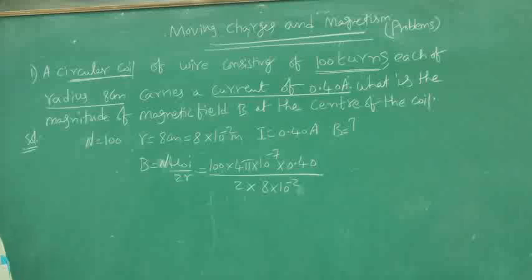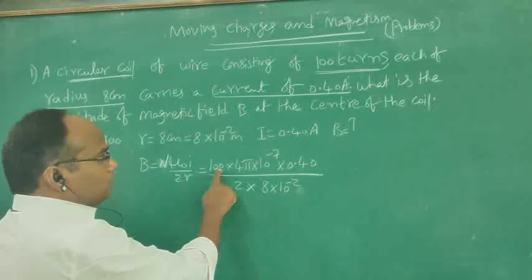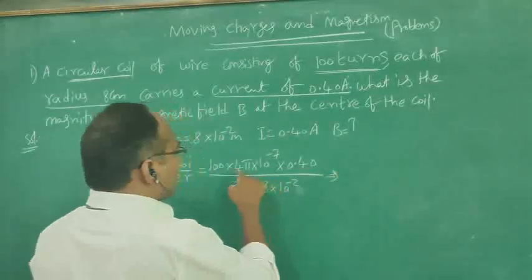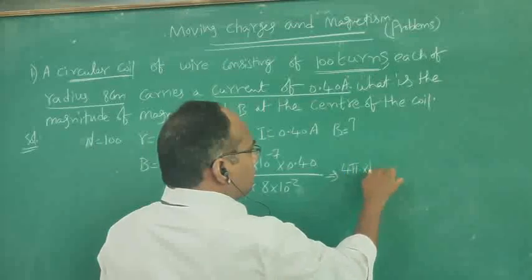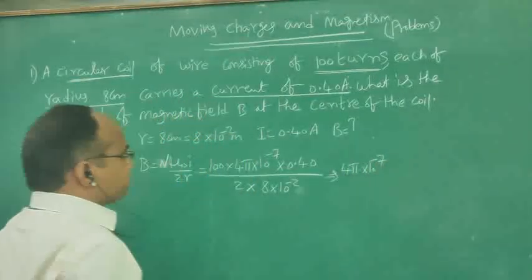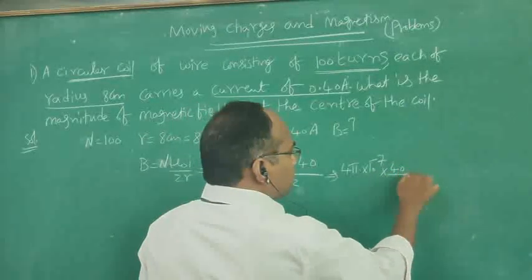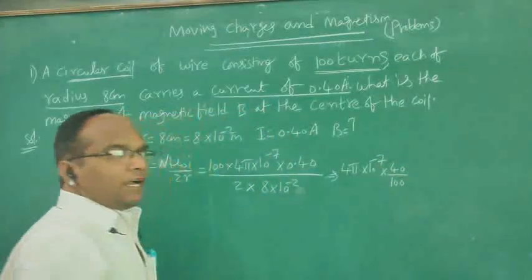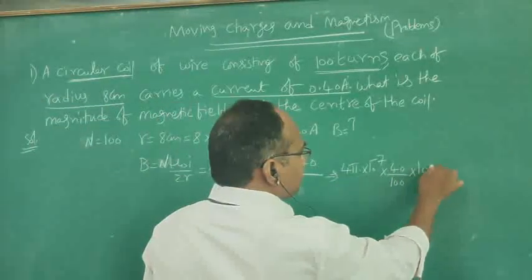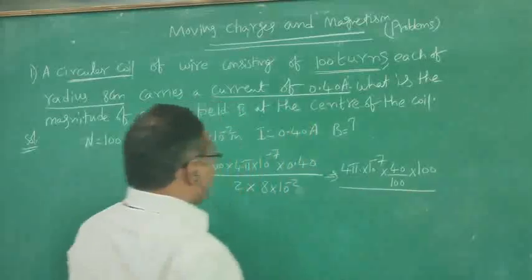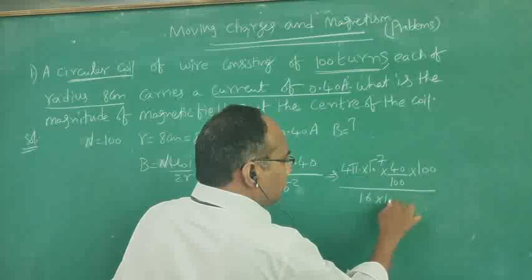Now, what value should you write here? 4 pi into 10 to the power of minus 7, into 0.40, which is 40 by 100, into this 100, divided by 2 into 8, which is 16, into 10 to the power of minus 2.